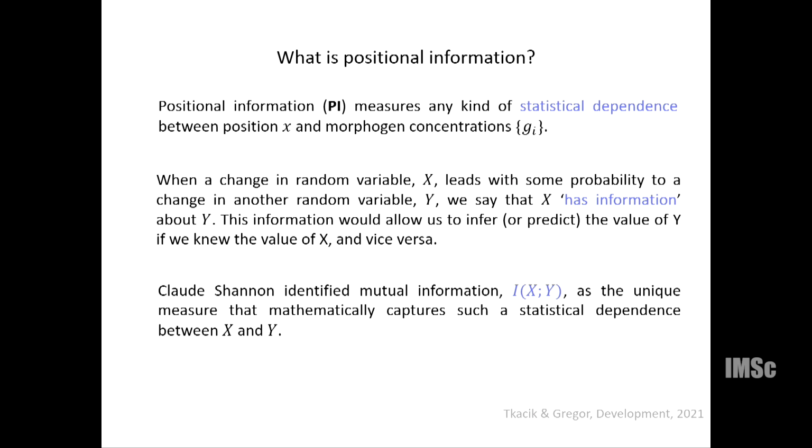So in general, when you have a random variable X and another random variable Y, if you have some change in X, and this allows you to make a prediction about Y, then X has some information about Y. If X would be completely independent of Y, then there would be no information between them. So Shannon identified mutual information as the unique measure that captures this statistical dependence between X and Y.